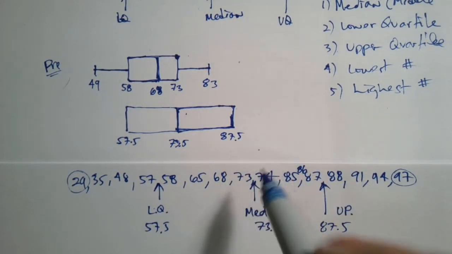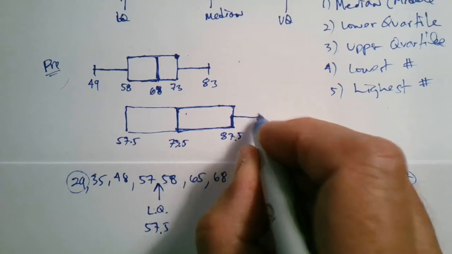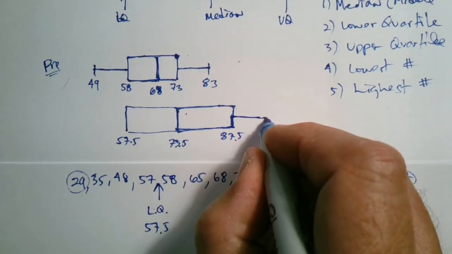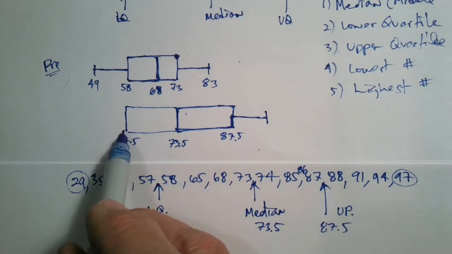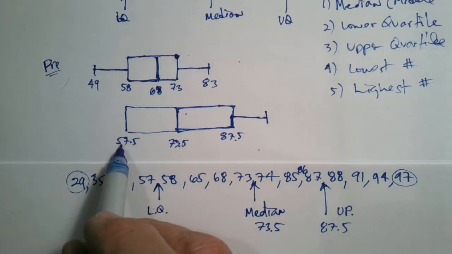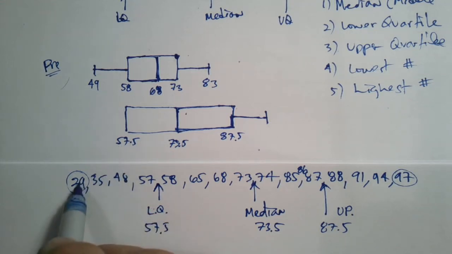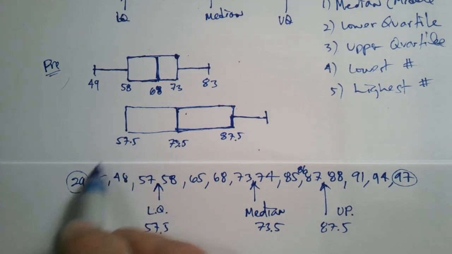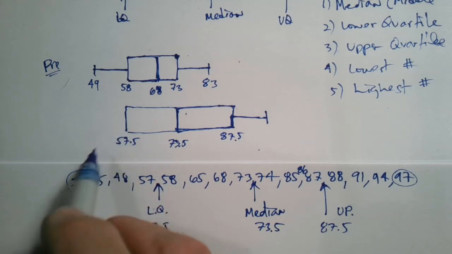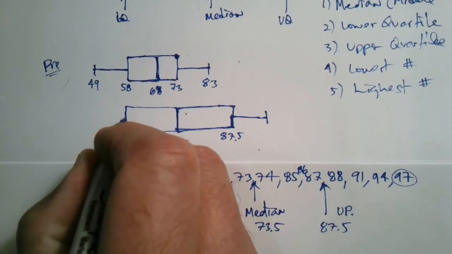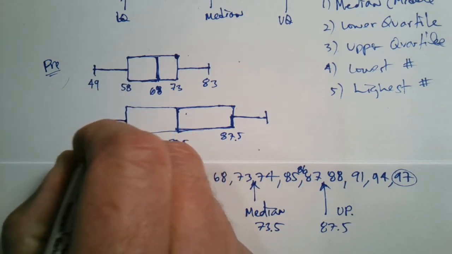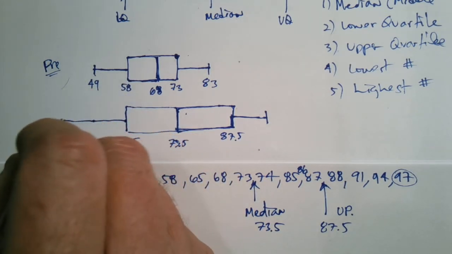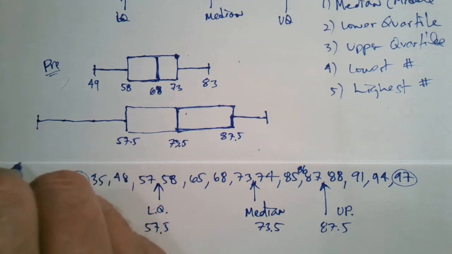That's about 10 away from 87. So I need that distance of 10 there. And then down here at 29, well, I've got to go almost 30 away, because if I add 30 to 29, I would get 59. So just about 3 of those spaces, because I remember that space was just about 10. So 3 of these spaces. So there, 1, 2, 3. So that'd be 29.